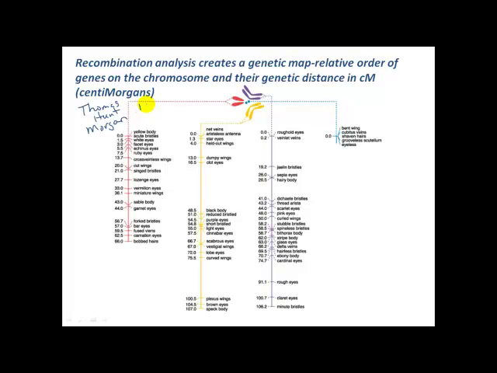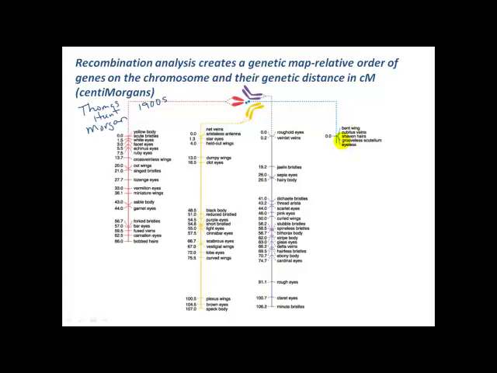This was way back in the early 1900s, so there was no DNA sequencing technology that was available. DNA hadn't even been identified as the heritable material yet. Yet recombination mapping was used to generate genetic maps that, when later on DNA sequencing technology became available, confirmed that this was in fact the order and orientation of these genes along the three major chromosomes and one minor chromosome of Drosophila.